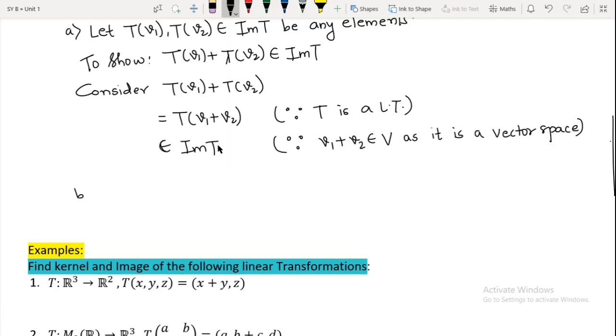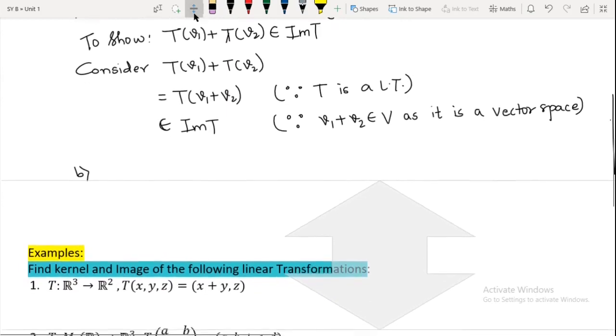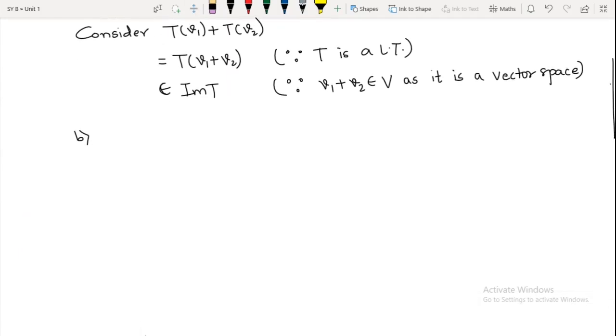Now we will go for the second condition of a subspace, right? Now just remember the second condition of subspace. For the second condition of subspace, we need one element of R and one element of what?